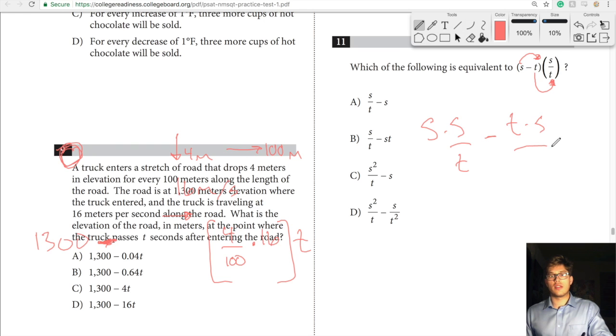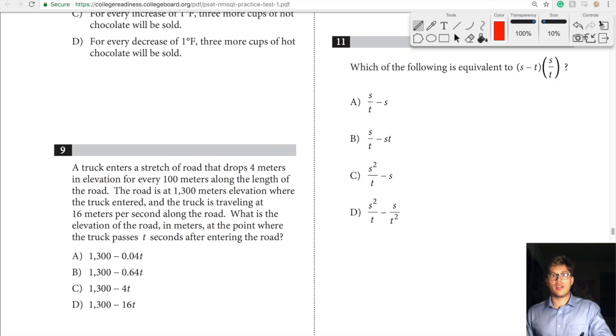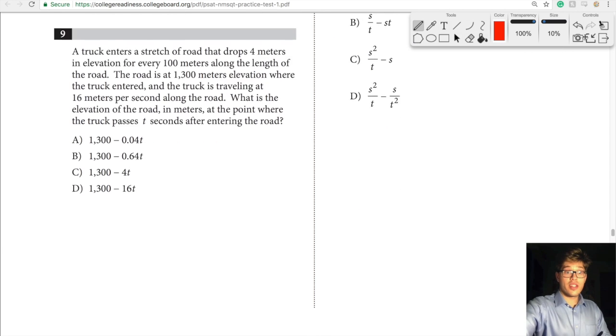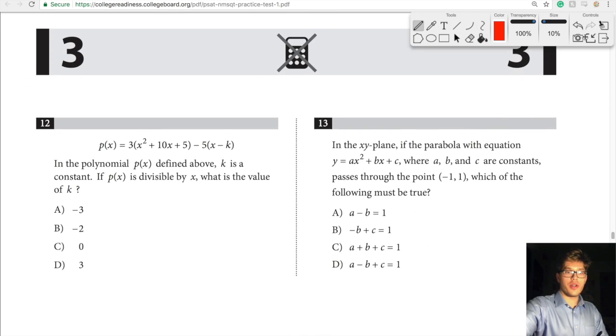Okay. So if we do some canceling or simplifying, we have s squared over t minus, our t's cancel, and we're left with s. So our answer must be C. Very nice. These problems are coming along quite nicely.